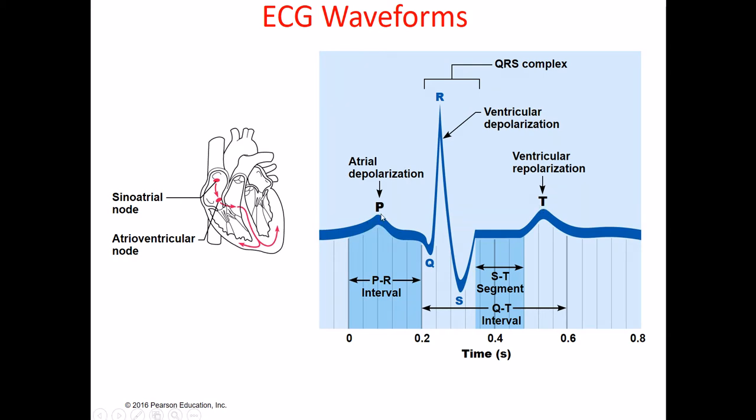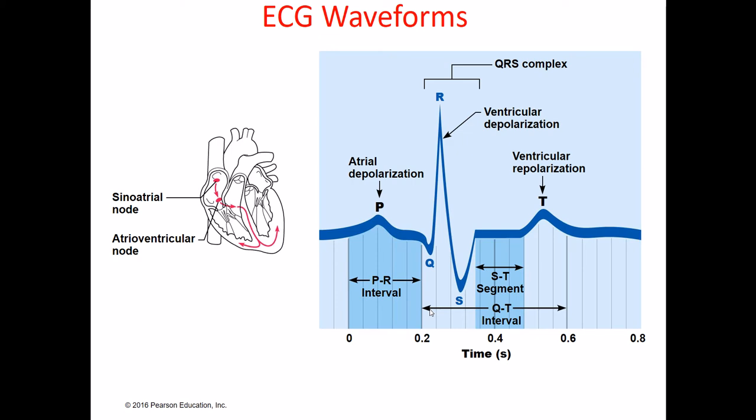So here's our P wave. Again, this is depolarization of the SA node, and so it's depolarization of our atria. The QRS is the depolarization of the ventricles. This is also where atrial repolarization will occur. We do not have a separate wave for it because the ventricles are so much bigger, their depolarization hides or shadows the repolarization of the atria, and so you don't really see it.